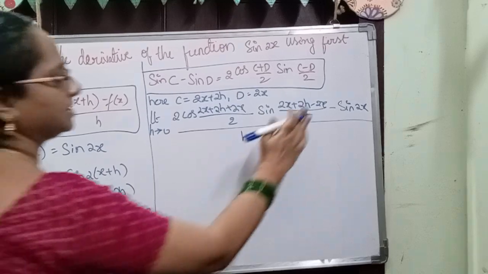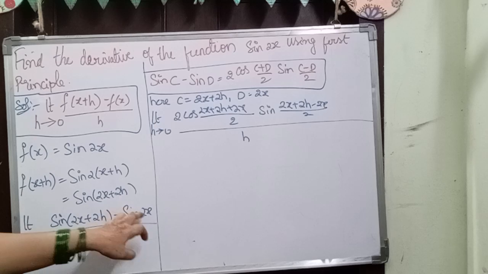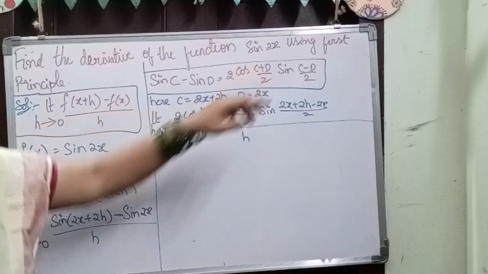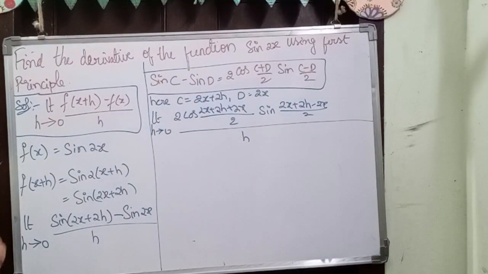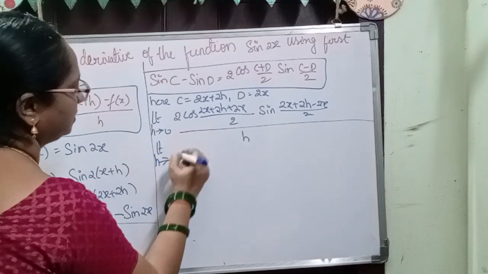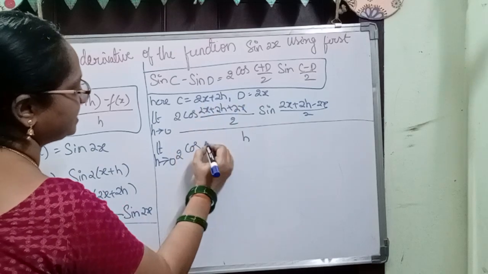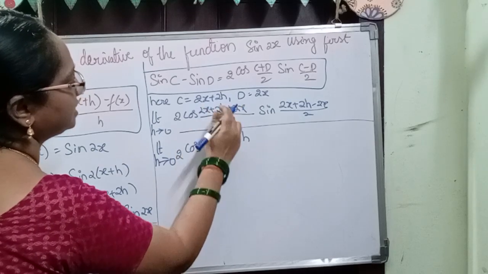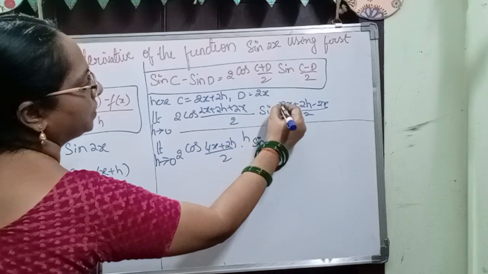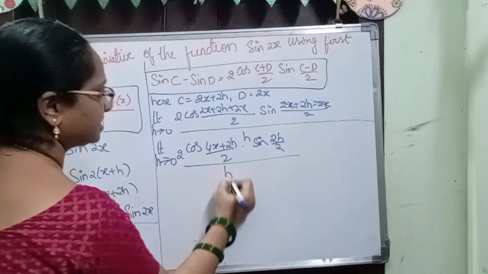For this only we have written this, right? This is sine c minus sine d, formula 2 cos (c plus d) by 2 sine (c minus d) by 2. So now what you will get here? Limit h tends to 0, 2 cos of (4x plus 2h) by 2 into sine of (2h) by 2, whole by h.